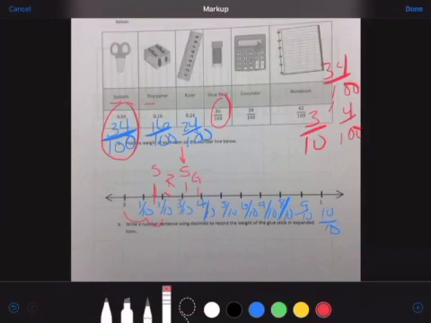And actually, I can tell that my line for my glue stick is going to be a little too far, so 36 would be there. Because now I have to put the calculator in at 38. So still we're going 1/10, 2/10, 3/10, and then 8 tiny little places, which will put it really close to the 4, but not past it. And that's where my calculator will go.